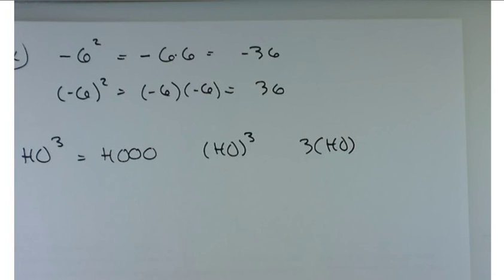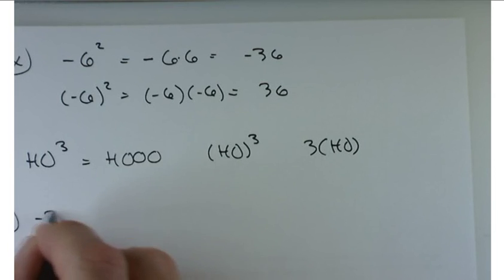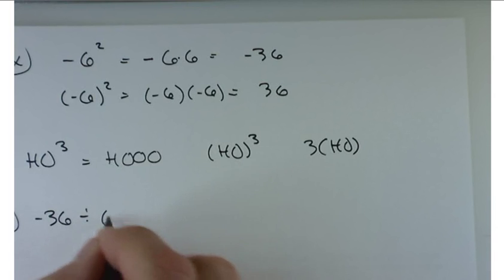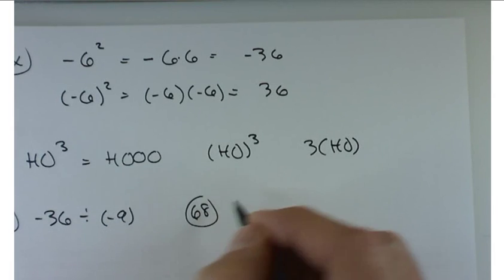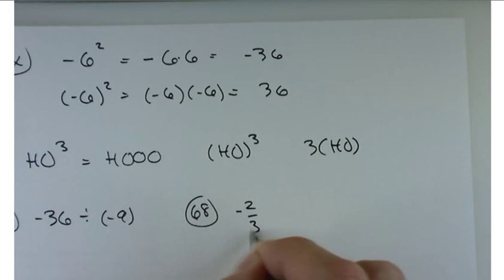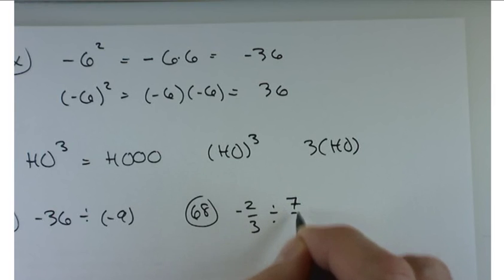All right. Let's do some division ones. Problem number, we'll start with 58, kind of a friendly one. -36 divided by -9. And 68. -2/3 divided by 7/8.